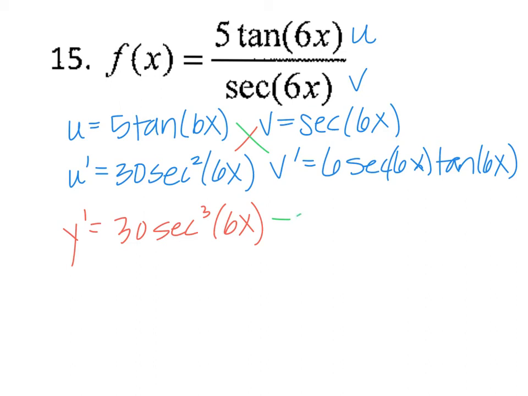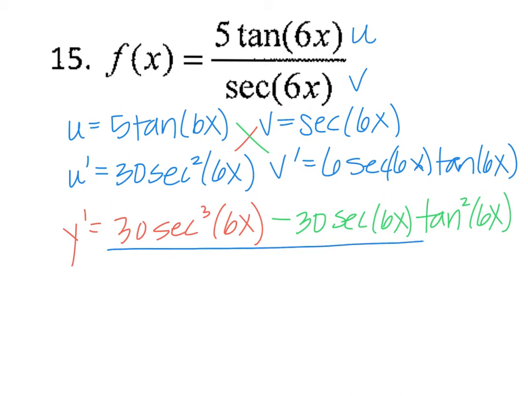So it looks like I have 30 again. And then multiplying those tangents, I'll have my secant of 6x and then tangent squared of 6x. Now, don't forget, with the quotient rule, we square the denominator. So that'll be the secant squared of 6x.